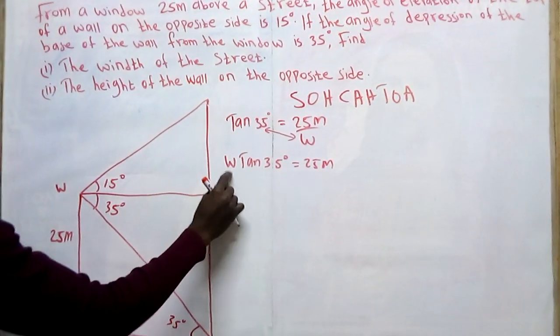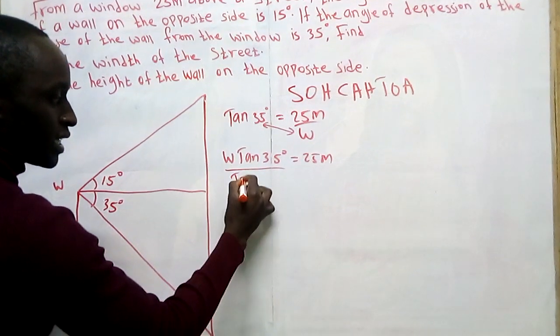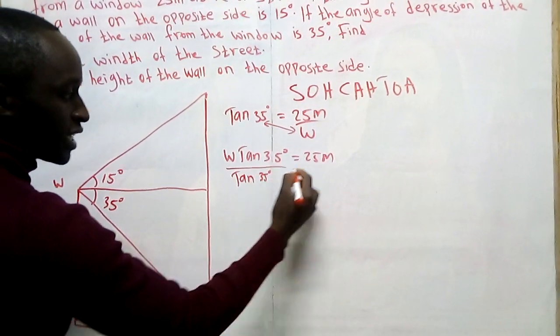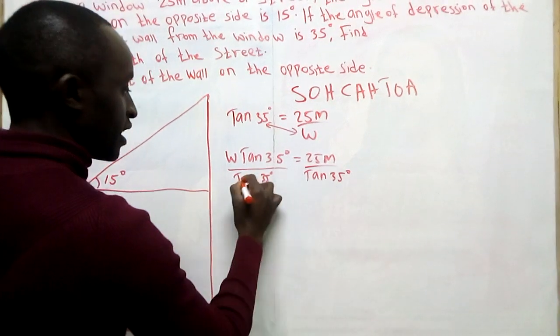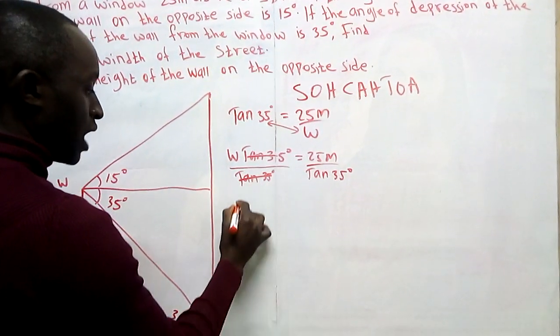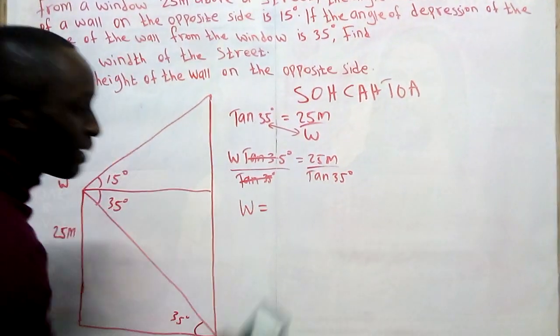To get the value of W, let me divide both sides by tan 35 degrees. The tan cancels, and I'm left with W is equal to 25 meters divided by tan 35.